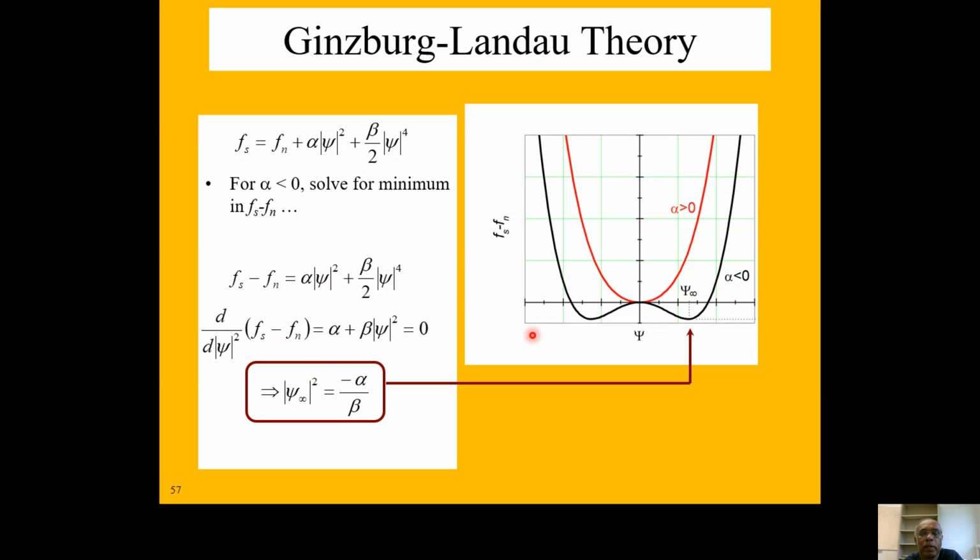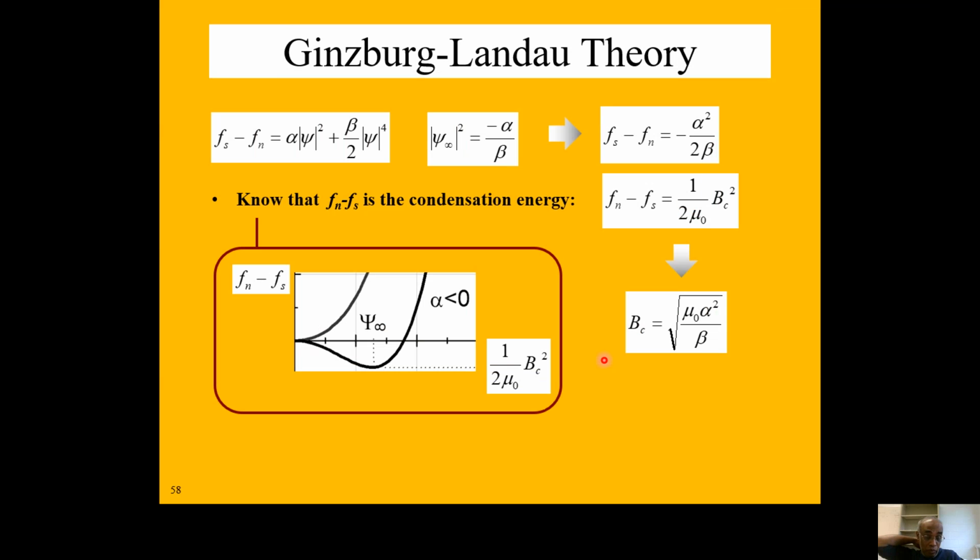So the value where it is minimum is given by psi squared equals minus alpha over beta. So we call this one psi infinity. That means you have two values, right? So this one and this one, the magnitude is given by minus alpha over beta.